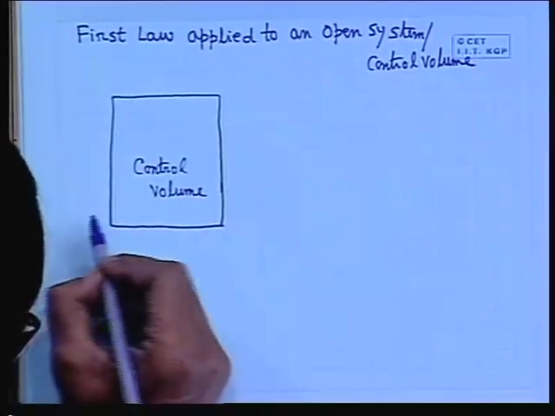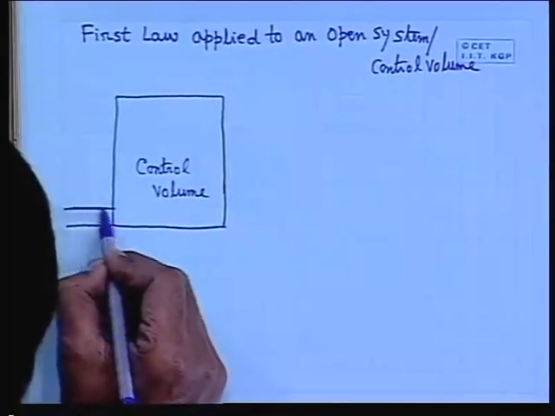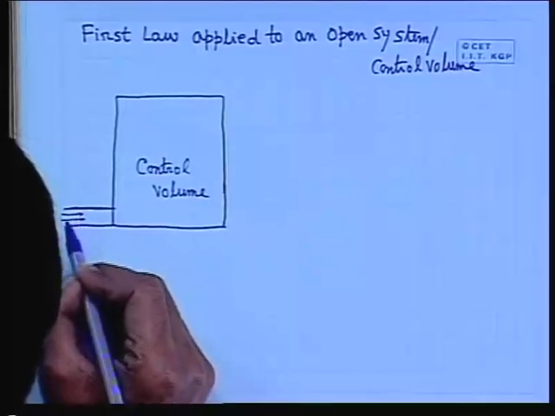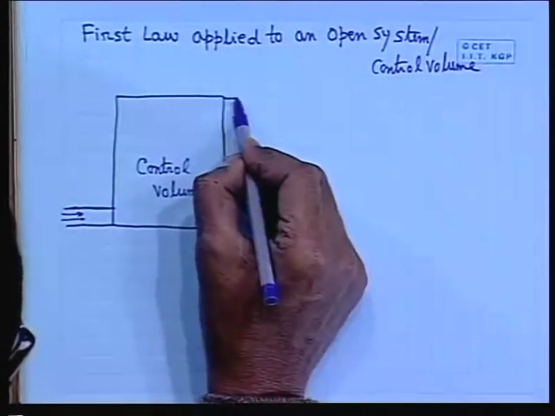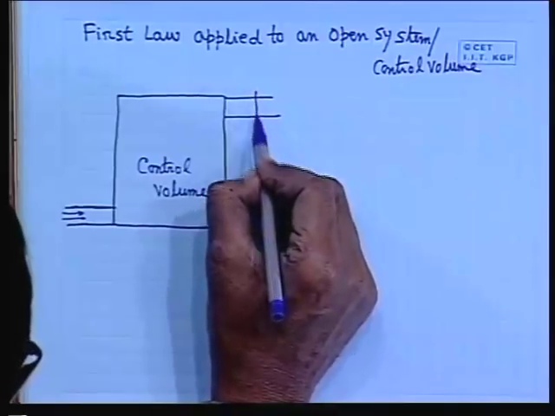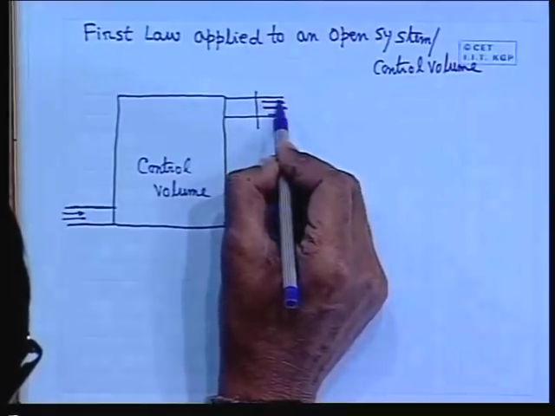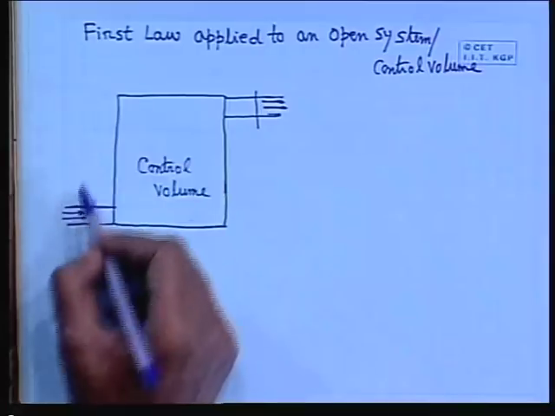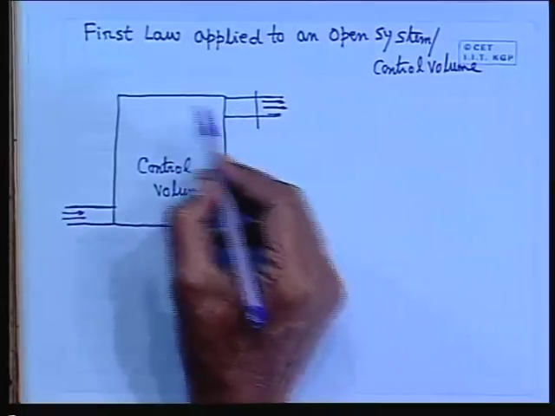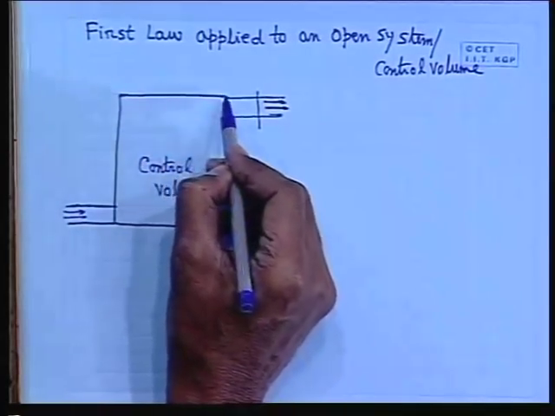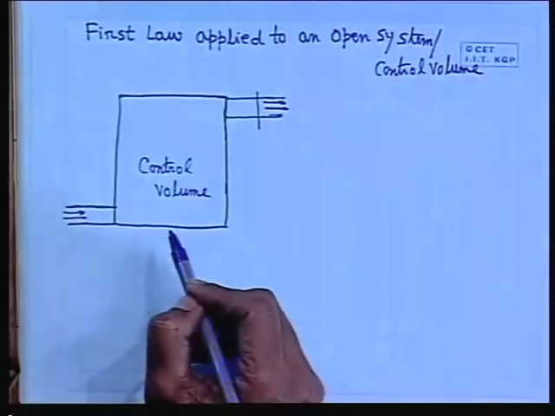Now let us identify a section where the fluid or the material comes in, which is usually fluid, and another section from where the material, which is usually fluid in practice, goes out. There may be multiple such inflow streams, there may be multiple such outflow streams, but it does not matter much and the analysis will remain same, but for our simplicity we consider only one inflow stream and one outlet stream.